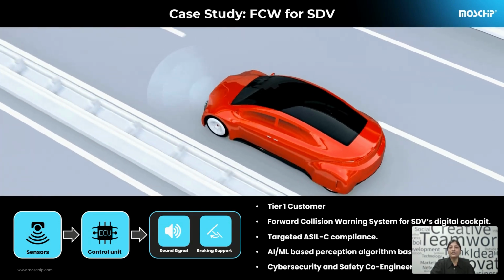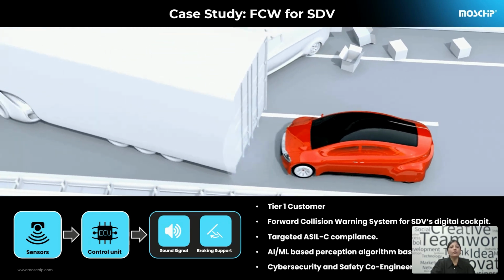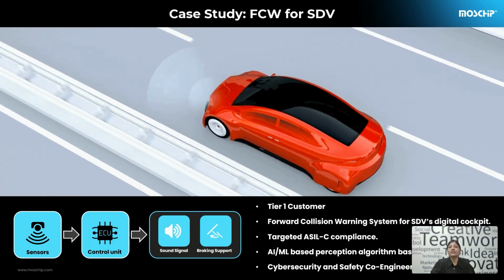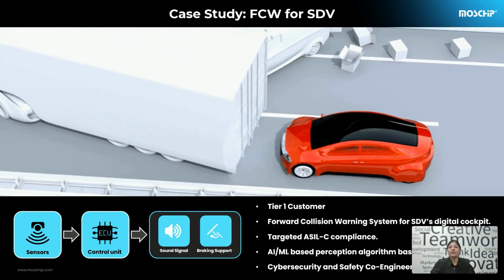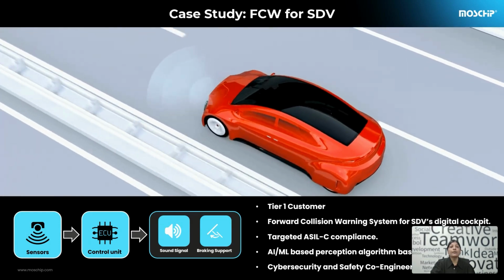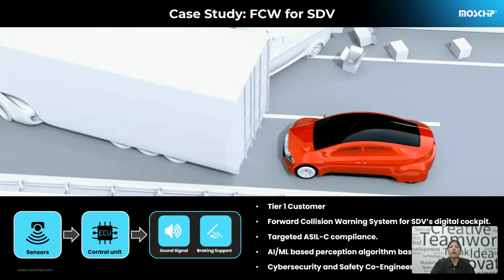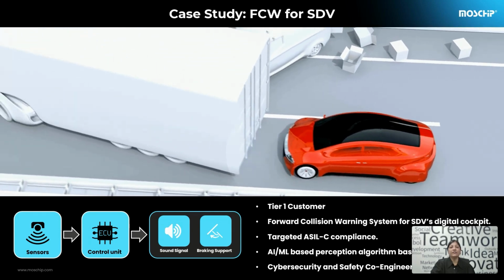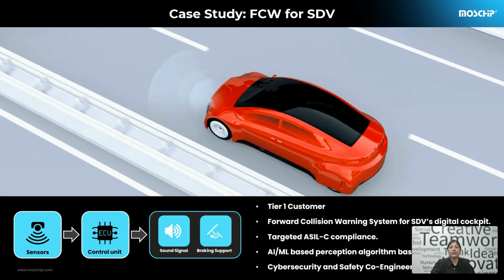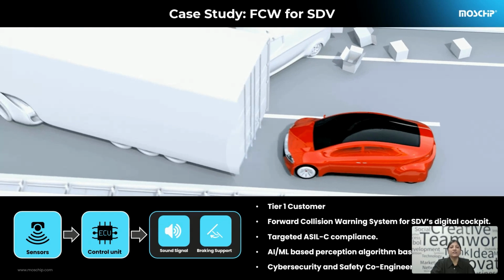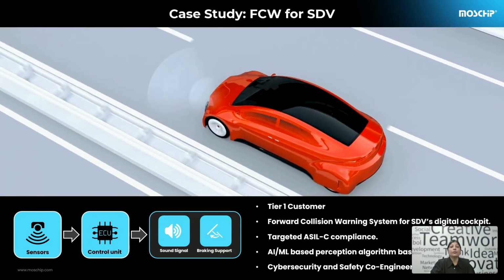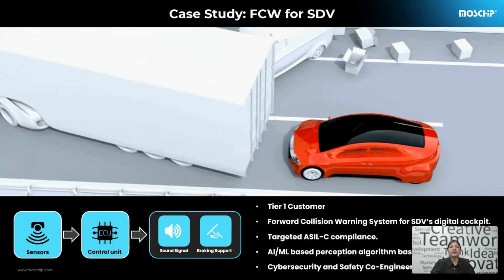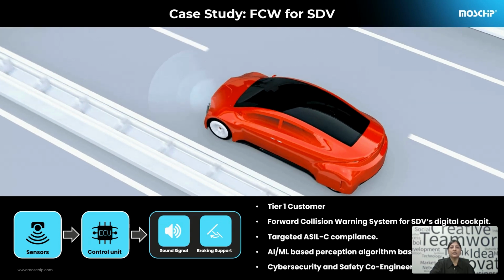As a part of this ADAS controller, forward collision warning is one of the advanced driver assistance features which we will be discussing today. For semi-autonomous or fully autonomous vehicles, FCW is integrated with features like automatic emergency braking or steering assistance for added safety. Being a critical safety feature, it is targeted to comply with ASIL C.